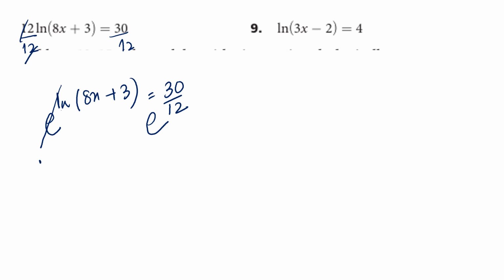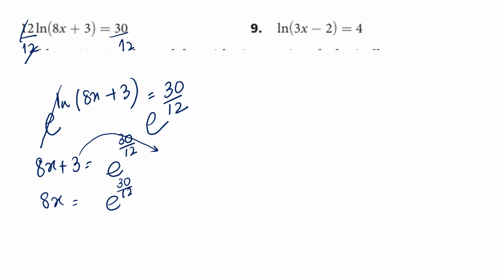So this would cancel. And now 8x plus 3 is left. And here e to the power of 30 over 12 left. Bring the 3 on the other side. So plus 3 goes on the other side. It will give you negative 3. Divide both sides by the 8 to get the final answer.